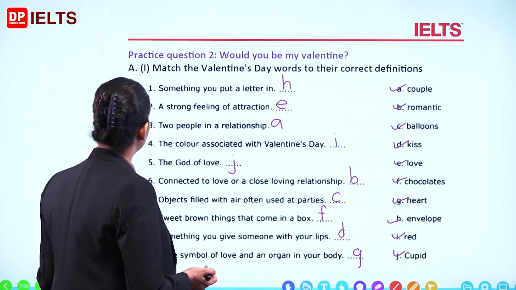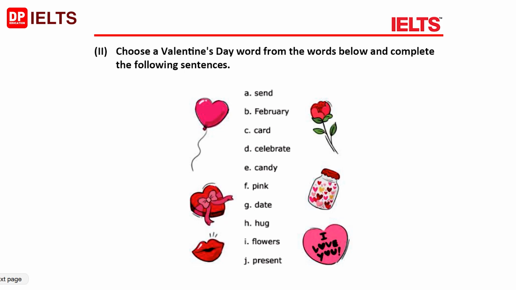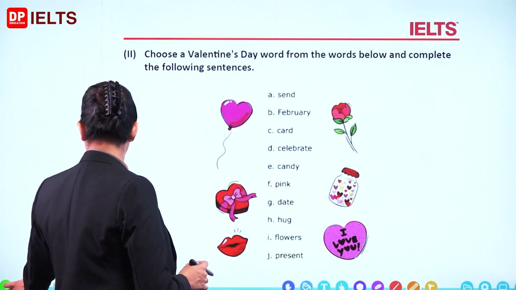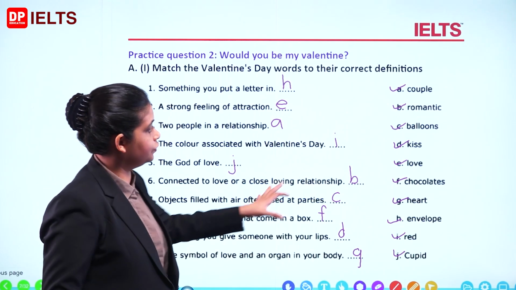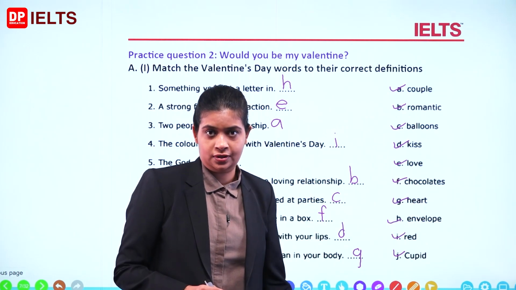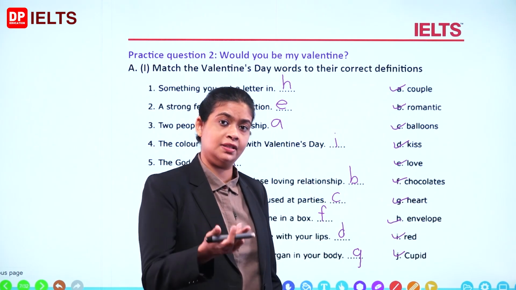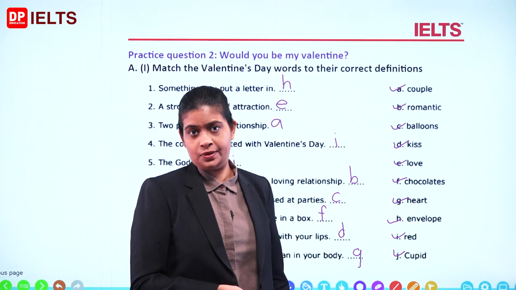So with that, we move on into the next question. Choose a Valentine's Day word from the words below and complete the following sentences. Right? මේකට එන්න කලින් චුට්ටක් I forgot to run through the pronunciation. Okay, so we'll run through the pronunciation and go to the next question again.